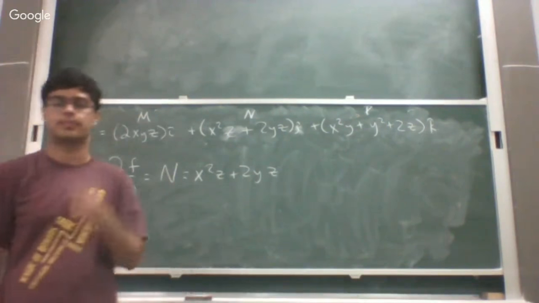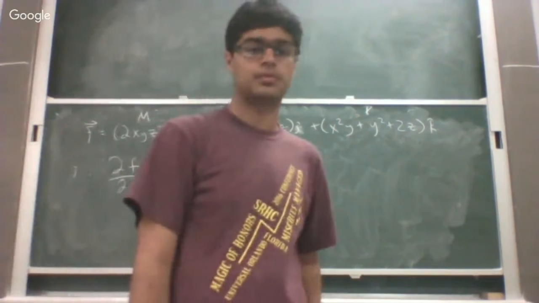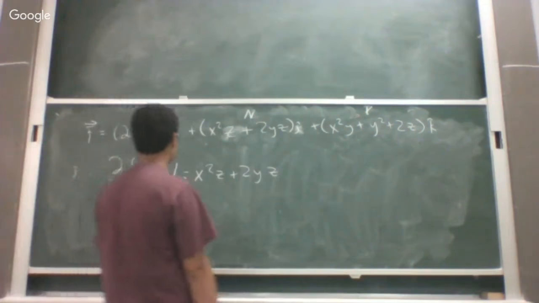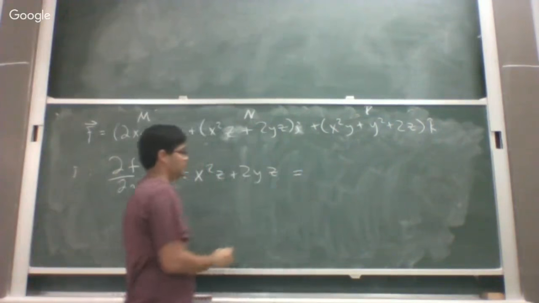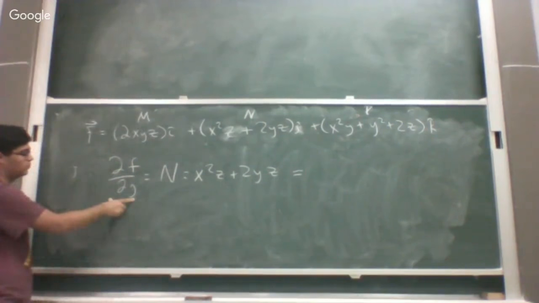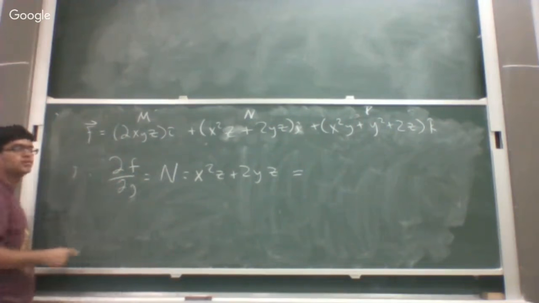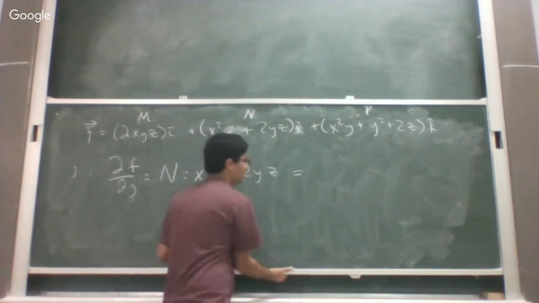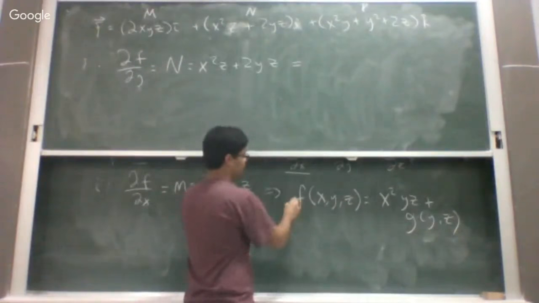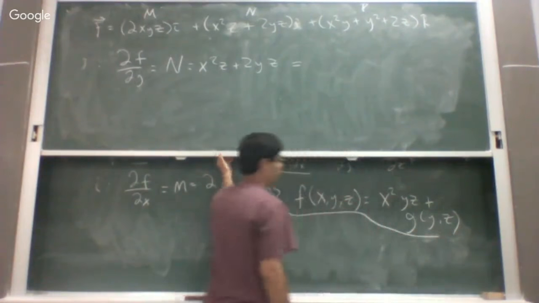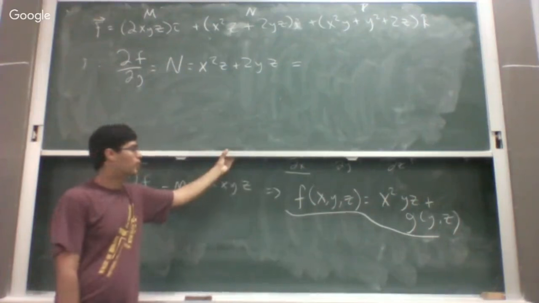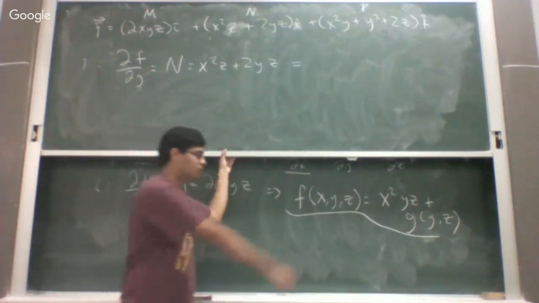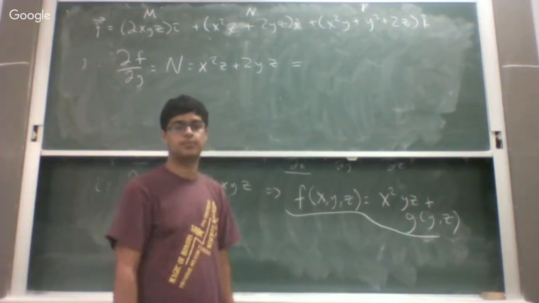Now this is the partial derivative of f with respect to y. We have something for the function f here. So what is the partial of f with respect to y? We take the partial of this equation.